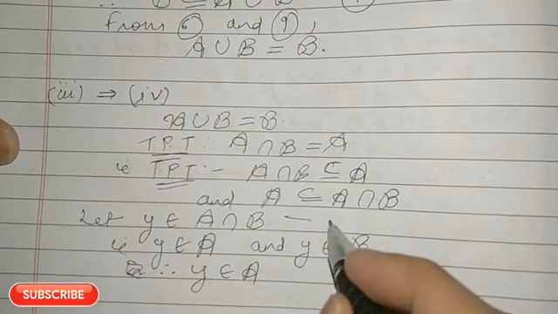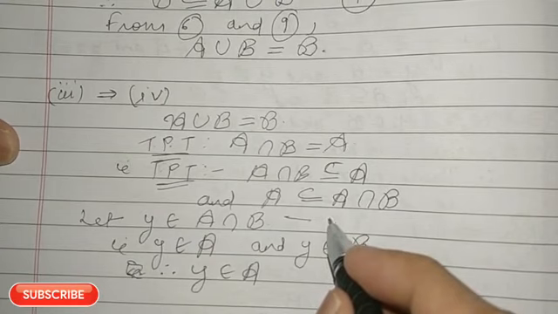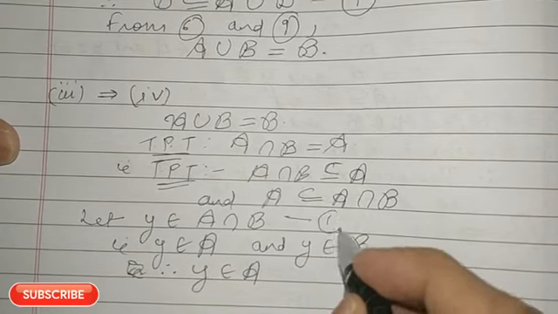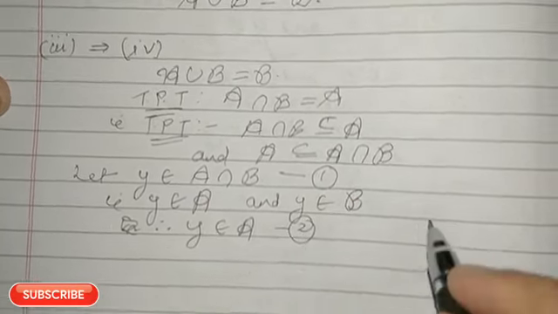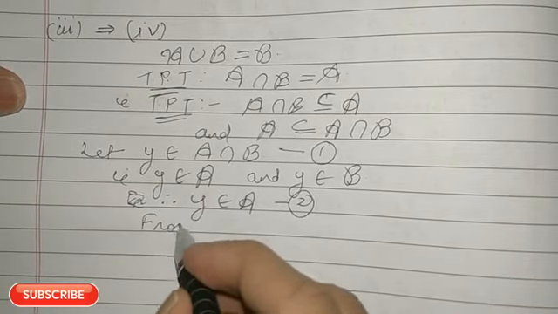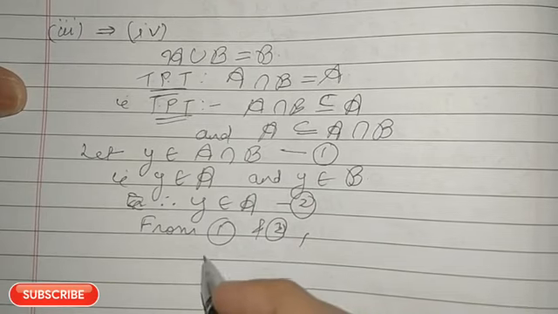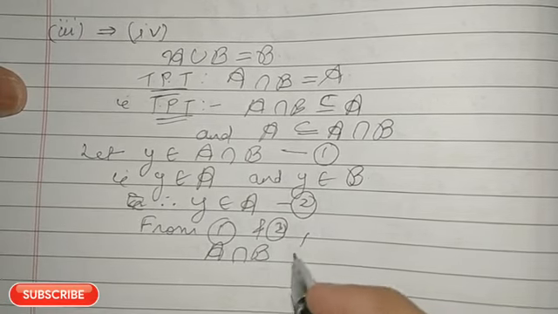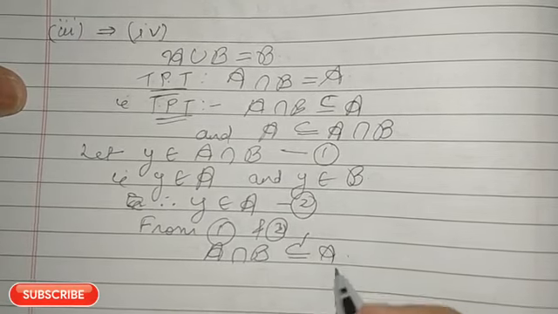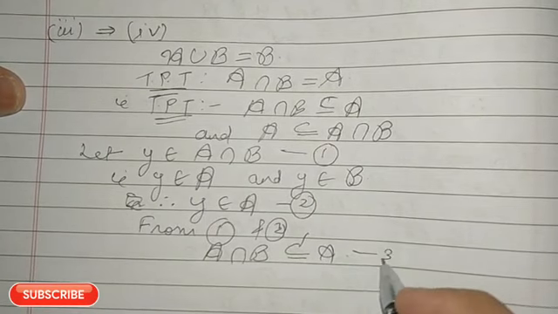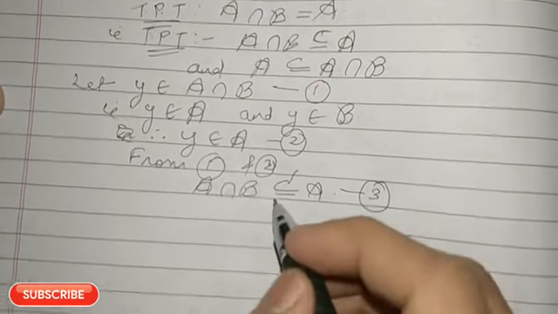Okay, now see this, if we call this as say 1 and this as 2, right? So from 1 and 2 we have A intersection B is a subset of A. Okay, so this we can call it as 3, right?